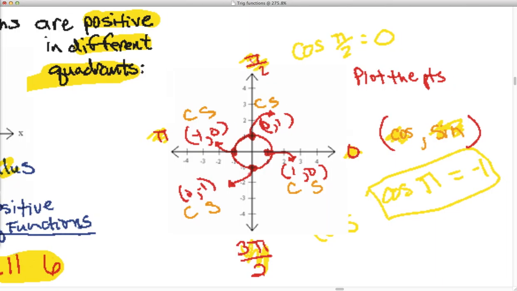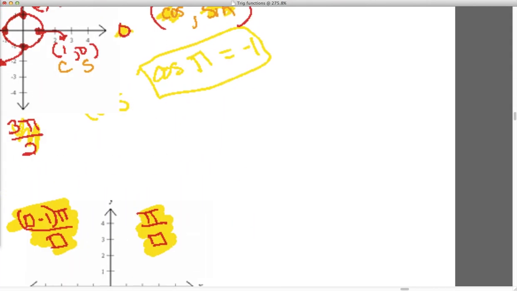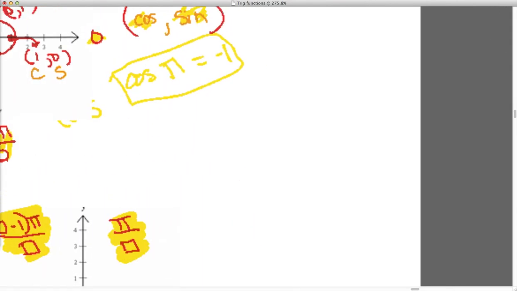But the other angles are a little bit more intricate, the reference angles that we deal with a lot. So the way I do it is I come up with this table. And the way this table works is pretty straightforward.